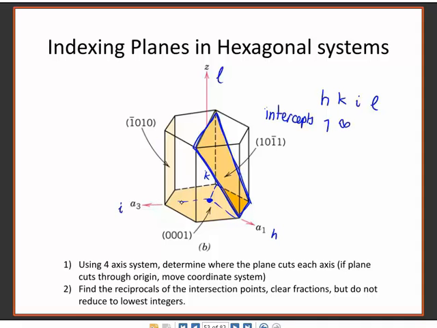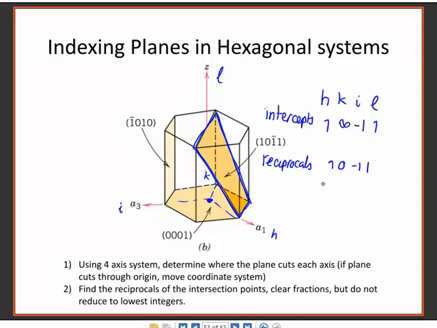And it cuts the I-axis at -1, and it cuts the L-axis at 1 unit. So we have the intercepts, and now as before we calculate the reciprocals: 1, 0, -1, 1.